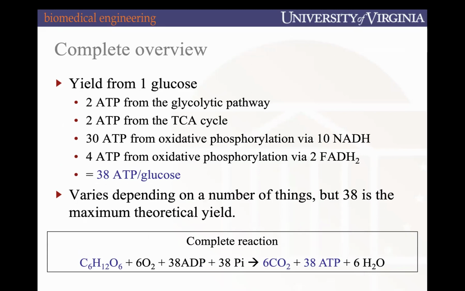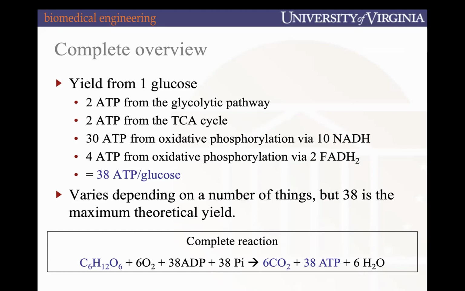From the TCA cycle, we're going to get 2 more ATP. But the key thing there is that it's going to help us generate reducing equivalents. They're going to feed into oxidative phosphorylation. And from there, the 10 NADHs that we get will help yield approximately 30 ATP. The 2 FADH2 reducing equivalents will help generate 4 ATP, producing a max theoretical yield of 38 ATP.